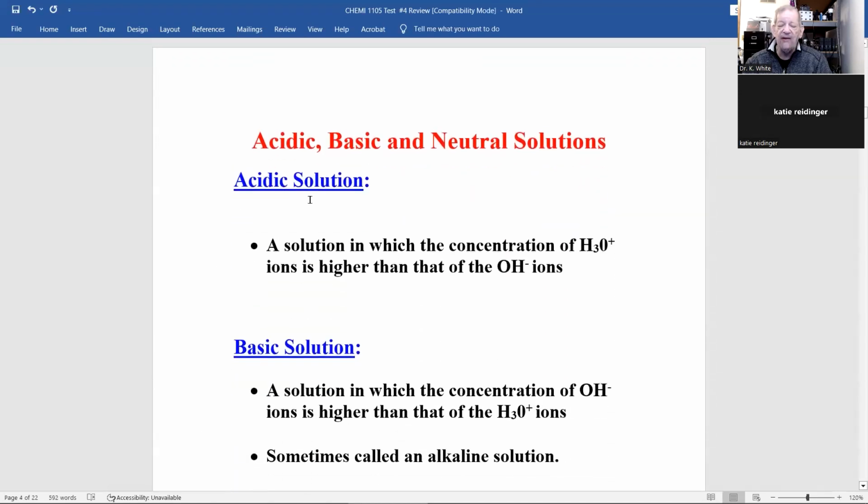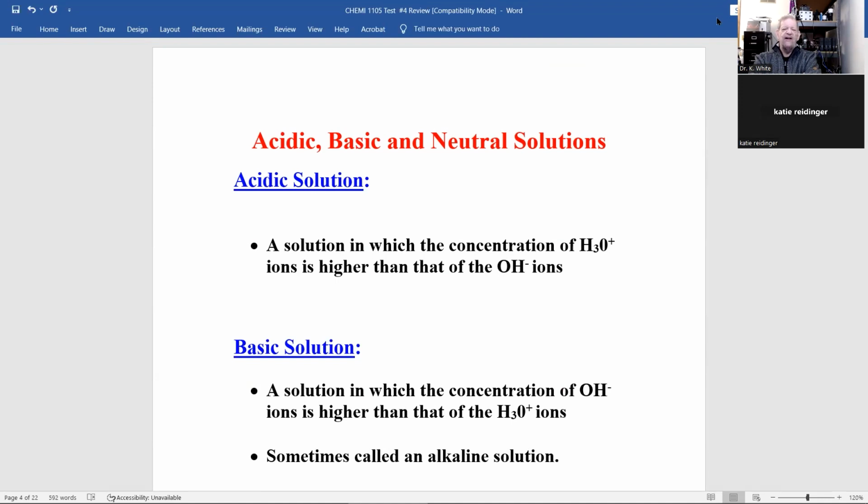Now, when we talk about it in our everyday life, whether you're a chemist or other professional, or just taking care of your swimming pool even, there are the terms acidic, basic, and neutral solutions.